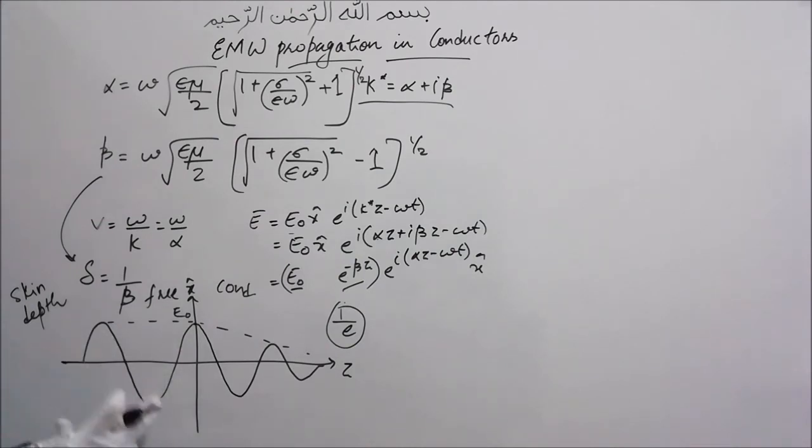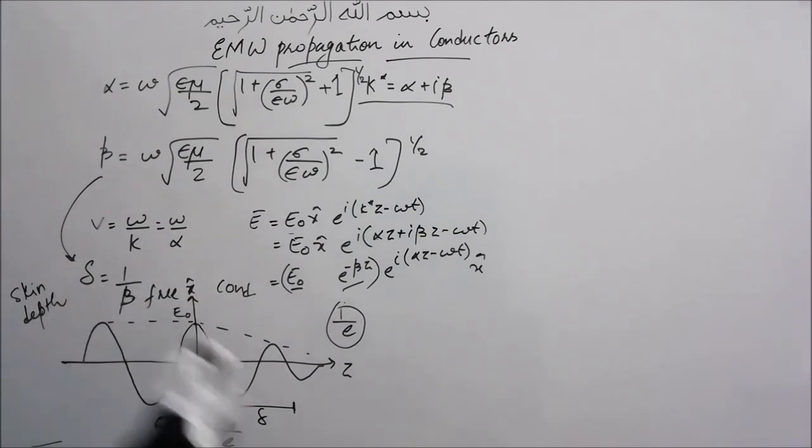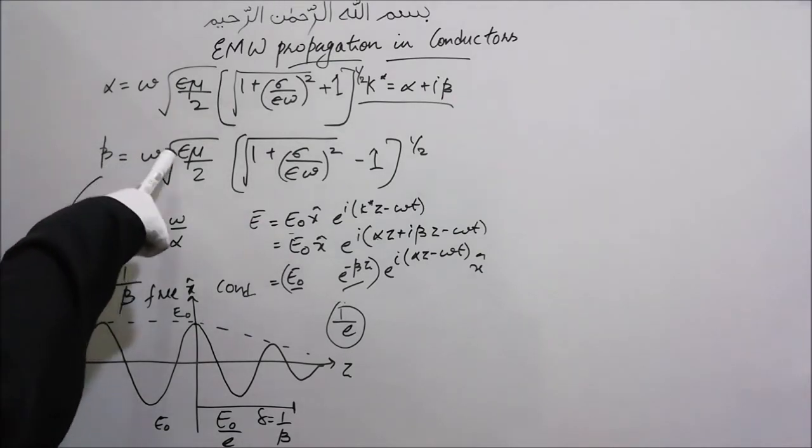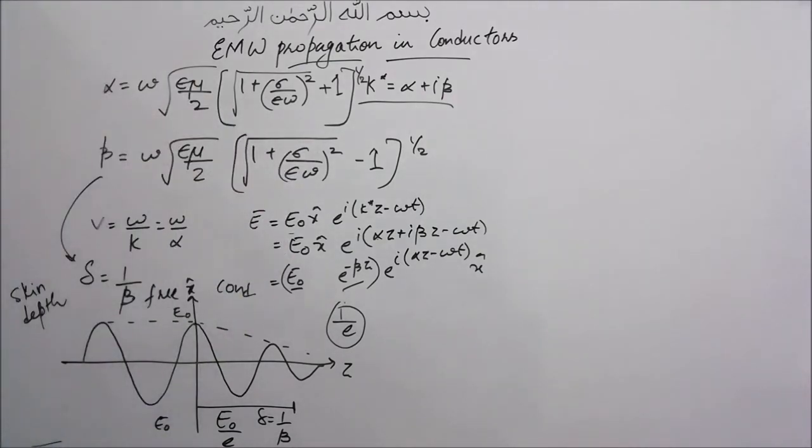If initially it is E naught, the distance when the amplitude becomes E naught by e is known as the skin depth, which is delta. And this delta is equal to 1 by beta, and beta is this value, where we know omega, epsilon, mu and sigma.